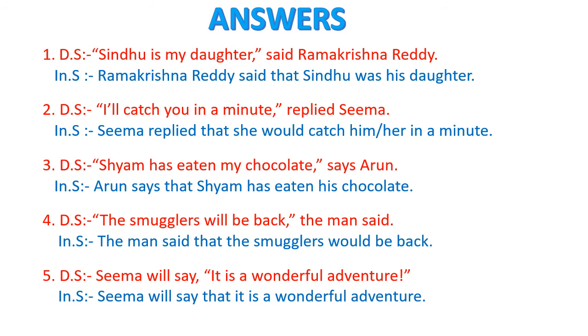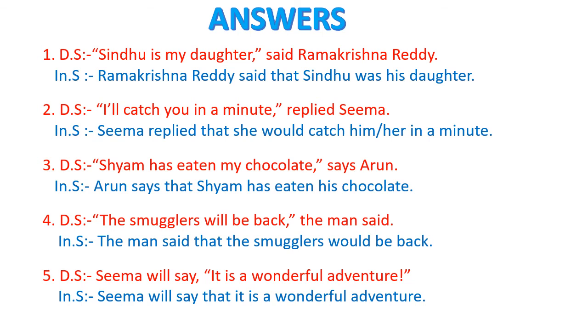Second example: I will catch you in a minute, replied Seema. Here the subject Seema will come at the beginning of the sentence. Seema replied that. In the direct speech, "I will" means who is saying this sentence?